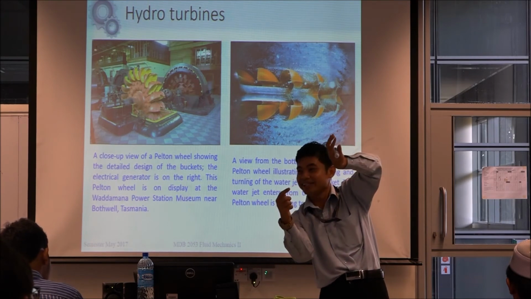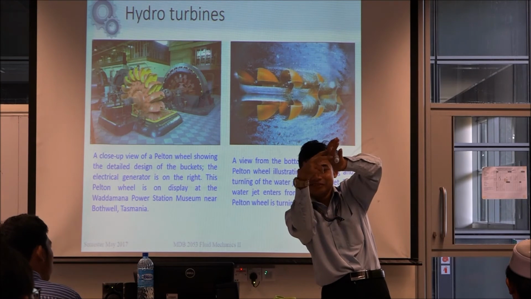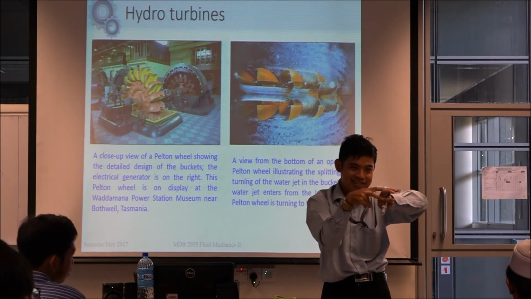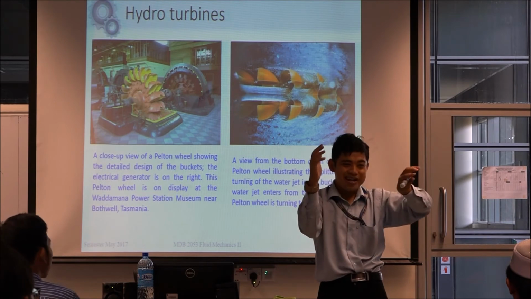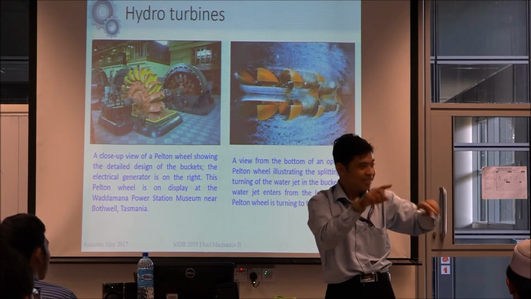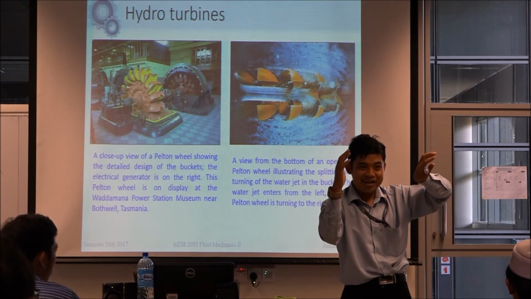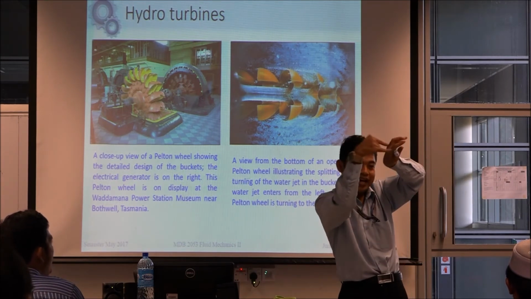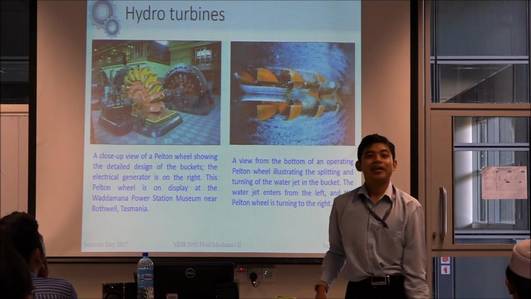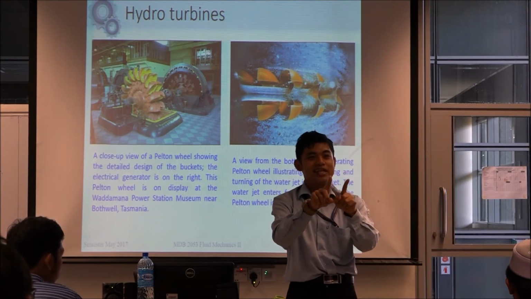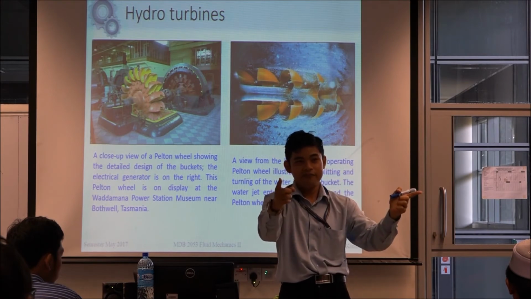It will hit the next bucket. What happens if it hits the next bucket? It will slow down. So you want it to be 180 to get the full force, but you cannot do that. That's why the maximum is usually 165.